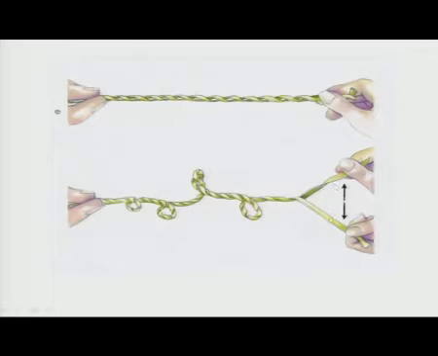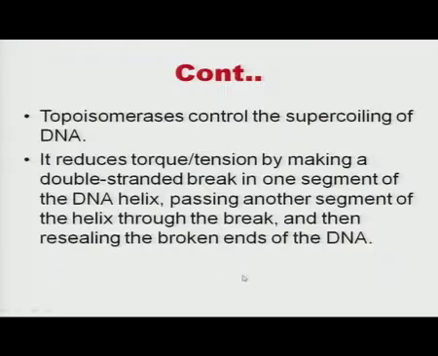Now, when the DNA is being unwound, when the strands are separated during the replication, supercoilings are formed in the DNA, and these supercoilings may inhibit the process of DNA replication. So, how can these supercoilings be removed? These supercoilings will be removed by the enzyme topoisomerase, one of which is DNA gyrase.